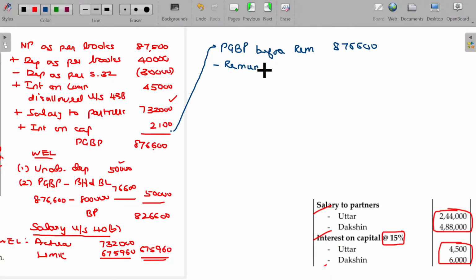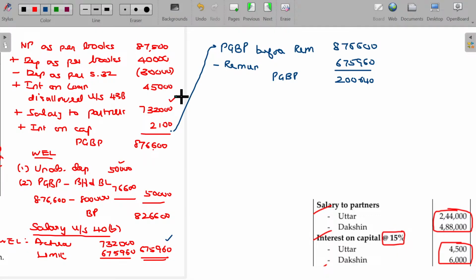Remuneration calculated under section 40 clause B, 6,75,960. The value will be net profit, PGBP for the taxable income. How much is that? 2 lakhs 640. Clear? 2 lakhs 640 will be the profit.